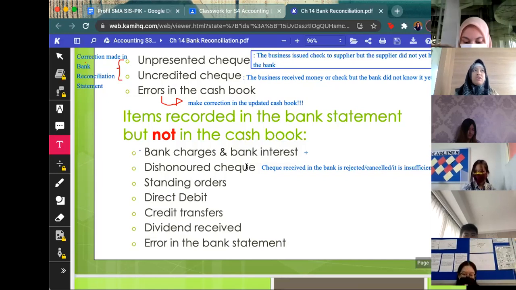I received the check on the 10th of October, and the amount is $1,000. So I go to the bank, I put the check in the bank, and the bank added the money to my account. My account added $1,000.